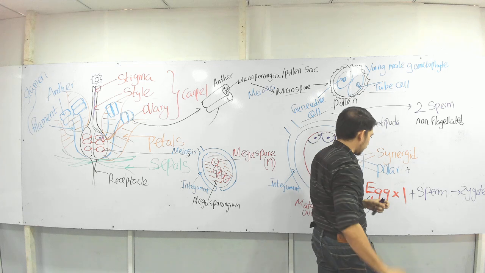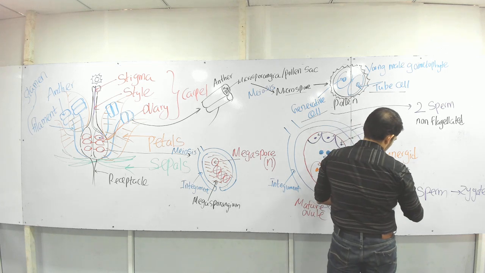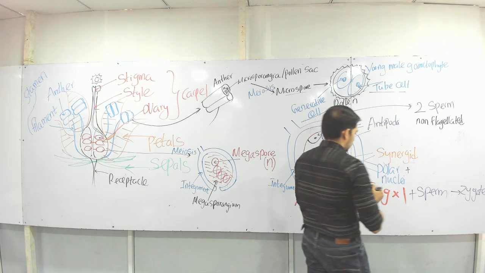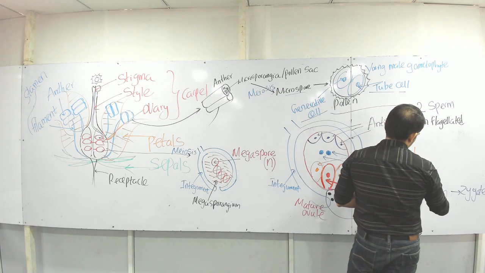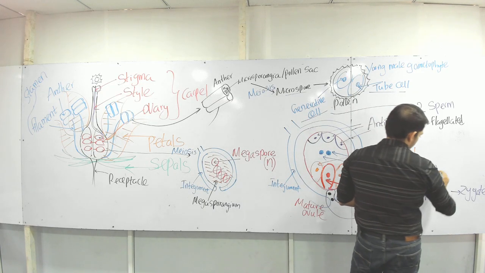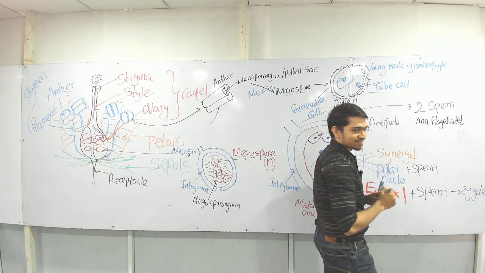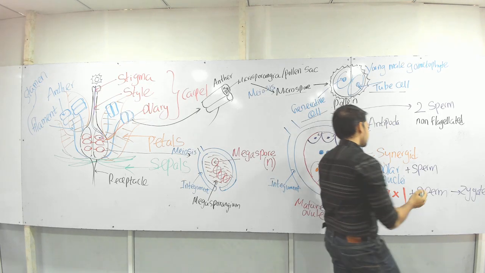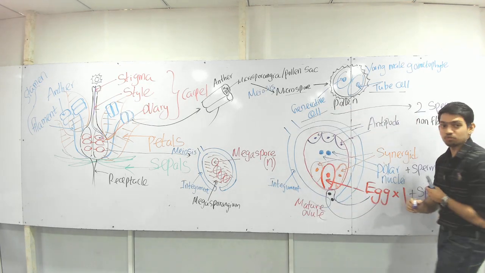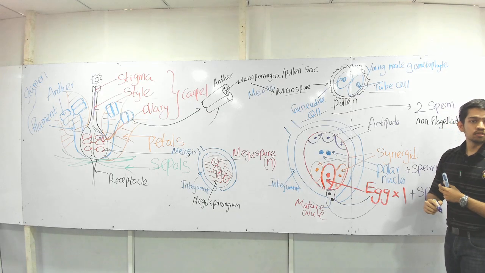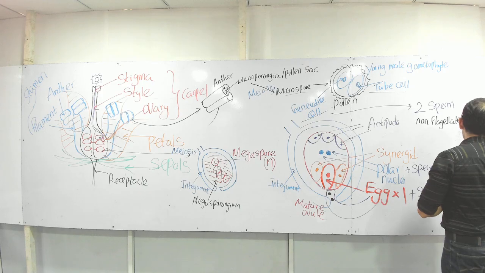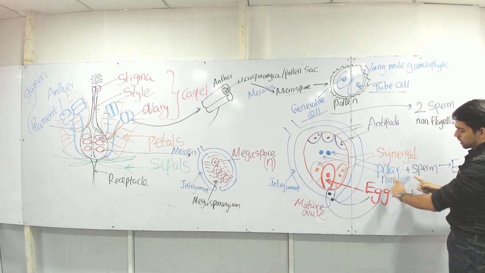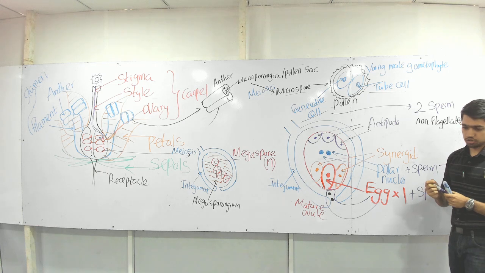One of the polar nuclei in the central cell and produce what? What normally becomes of the remaining female gametophyte in the seed? Endosperm. Here we are going to get an endosperm by the sperm and the polar nuclei combination.